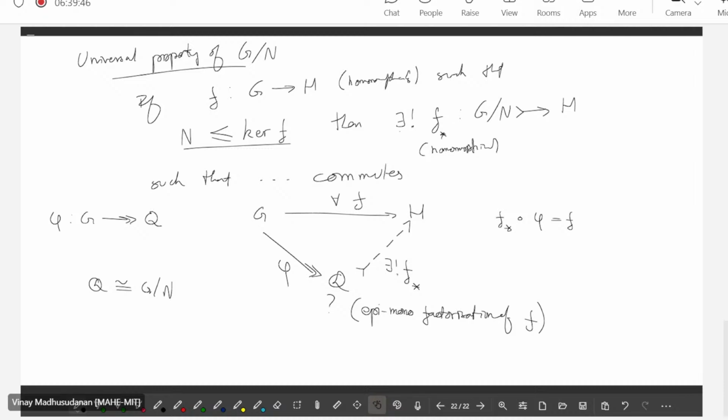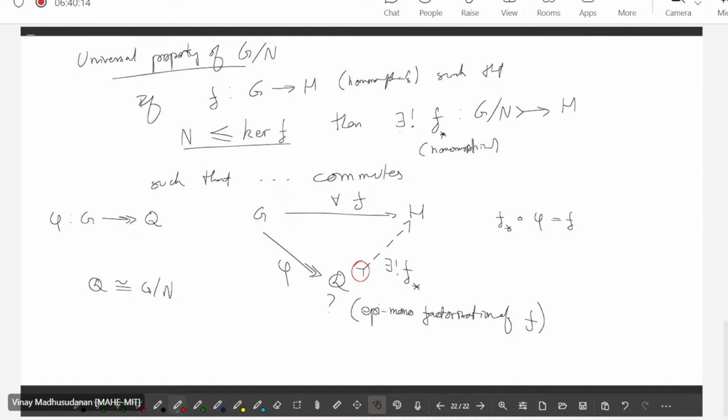We'll do some of the tutorial problems from yesterday and some of the new problems. Before that, let me correct the mistake which some of you pointed out. By mistake, I said this is not injective in general. F star is in general not injective. When is it injective?